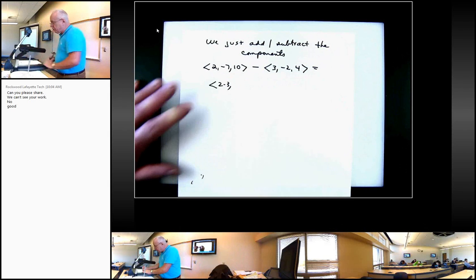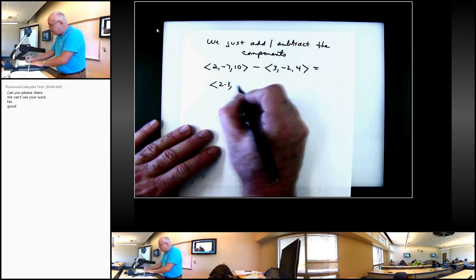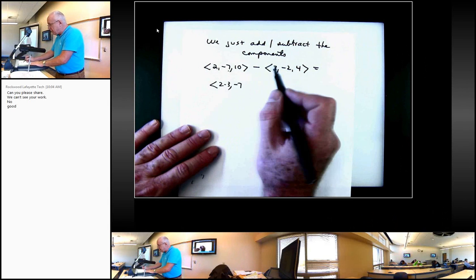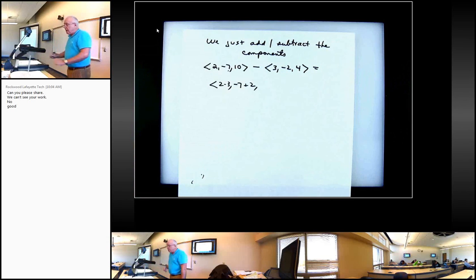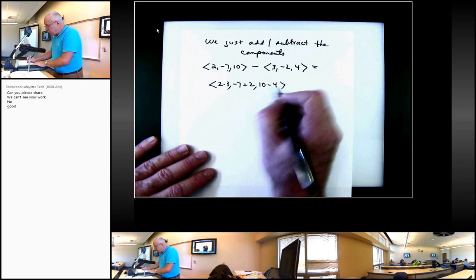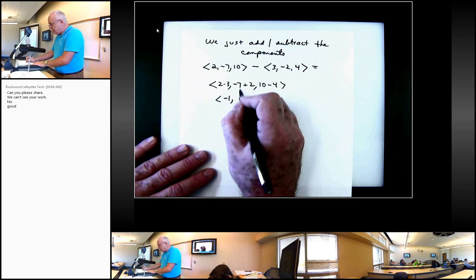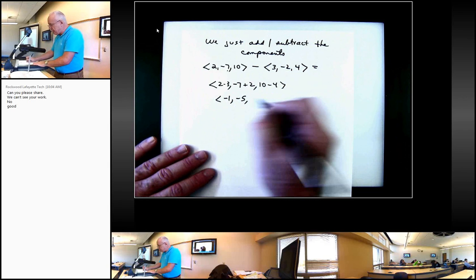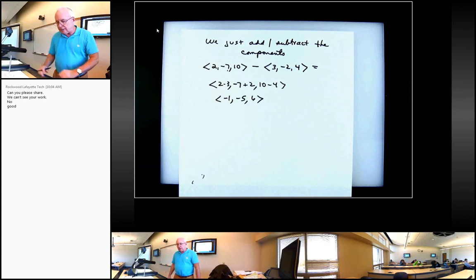That'll be the first component. Again, always watch out for your double negatives. This is going to be -7, but I've got two minuses, so it'll be a +2, and then it'll be 10 - 4. So simplify: 2 - (-3) is 5, -7 + 2 is -5, 10 - 4 is 6. So it's just that simple.